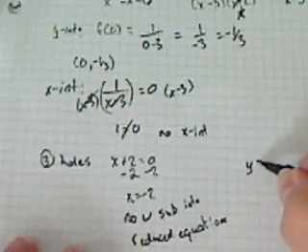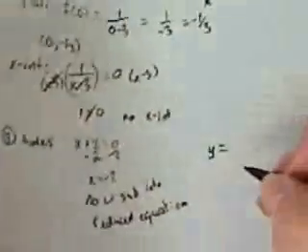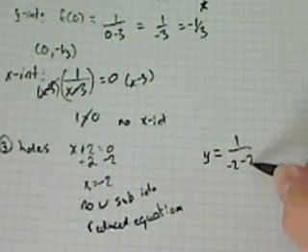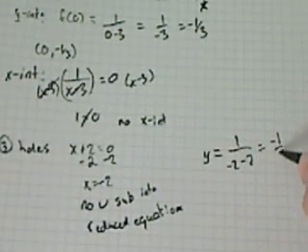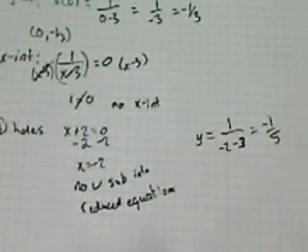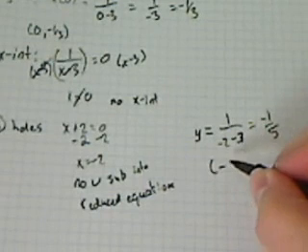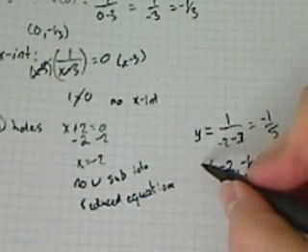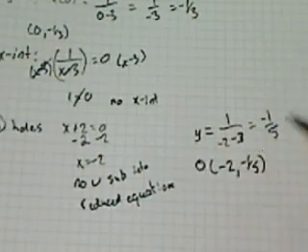So we'd have y equals 1 divided by negative 2 minus 3, or negative 1/5. So our hole is going to be at (negative 2, negative 1/5). And when we put that point on our graph, we're going to put a hole with an open circle.